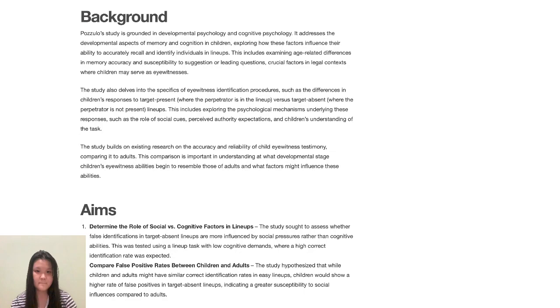They may feel pressured to choose someone, and when they do, obviously that person did not do it, but it's because the child feels very pressured by the authority figures like the police that are surrounding them.